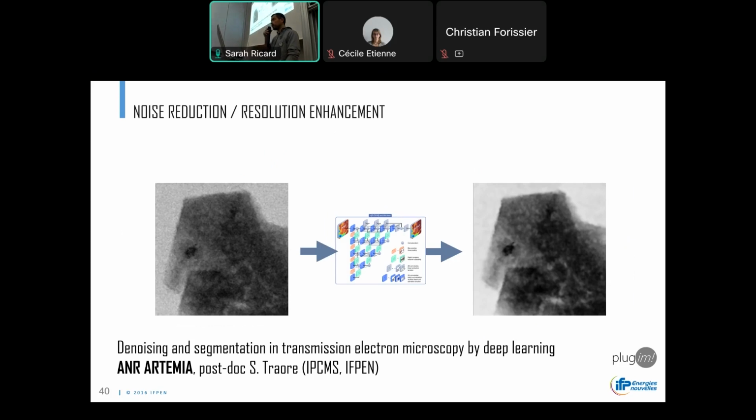Take time to construct a database where you have a standard image and an image denoised with an experimental technique, and you use it to train a network to mimic the job. Here it's a work done with IPCMS with Saoudia Traoré, when he was a postdoc in Strasbourg. IPCMS is a laboratory from Strasbourg.